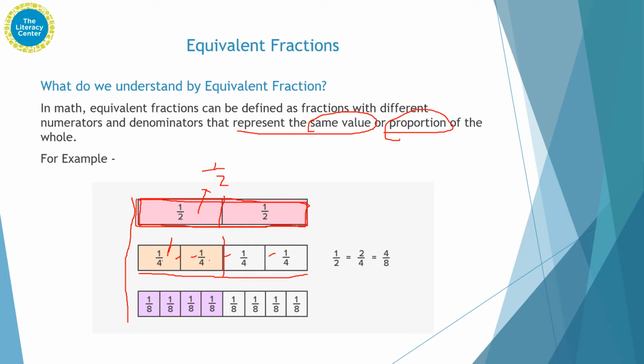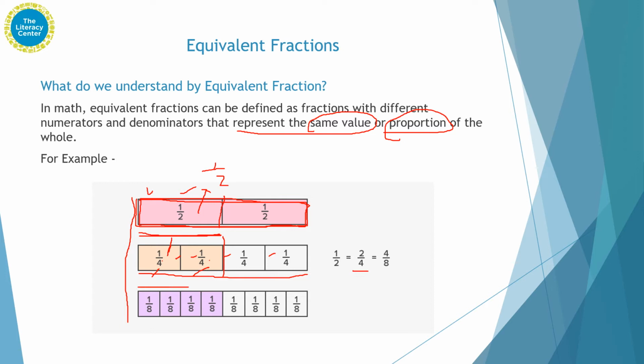If you look at the picture above, the first one is the same part or same fraction of the whole, which can be represented as 1 by 2, and the same can be represented by 1 by 4 and 1 by 4. This would be 2 by 4.